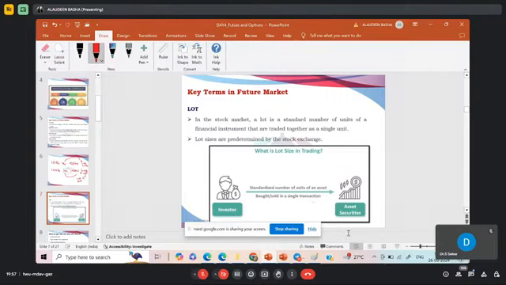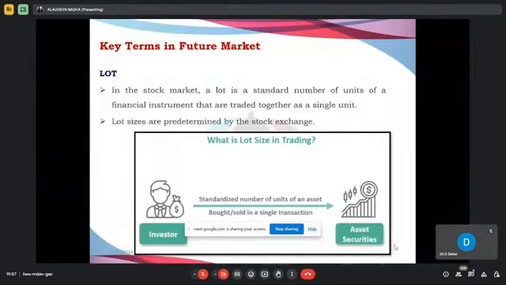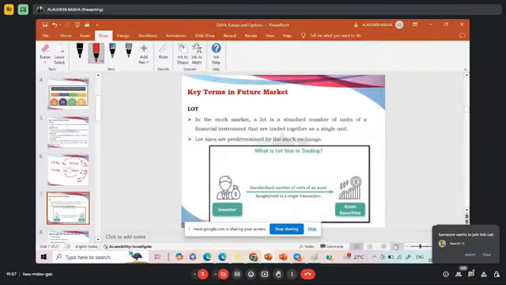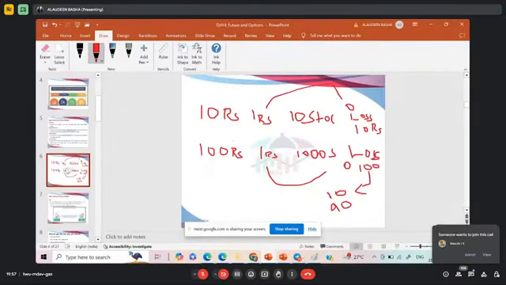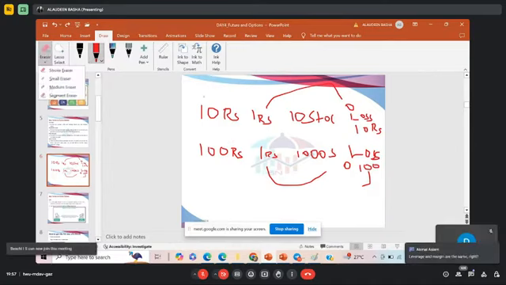The next important one is lot. What is meant by lot? Simply, in the equity stock market, you are able to buy a single stock. You can easily buy a single stock.